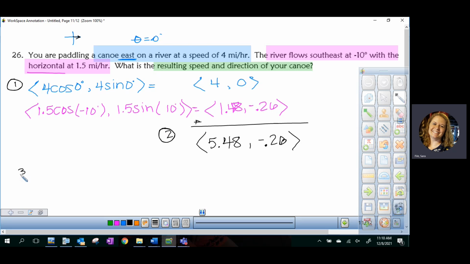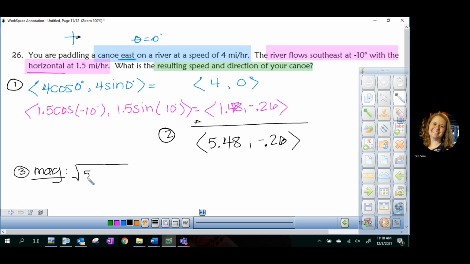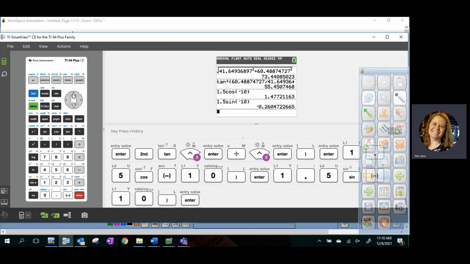They want both the magnitude and the direction. So remember, the magnitude is the square root of a squared plus b squared. So remember, when I go to plug this in, I need to add 4 to that number because I want the entire big decimal in there.